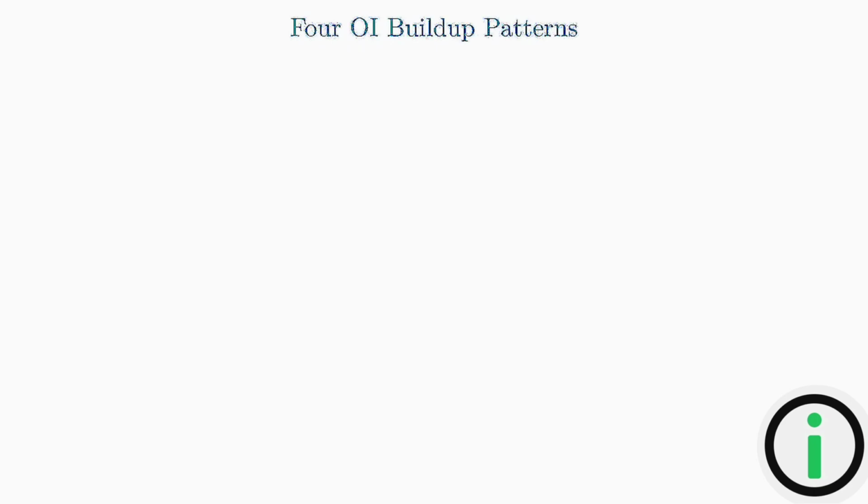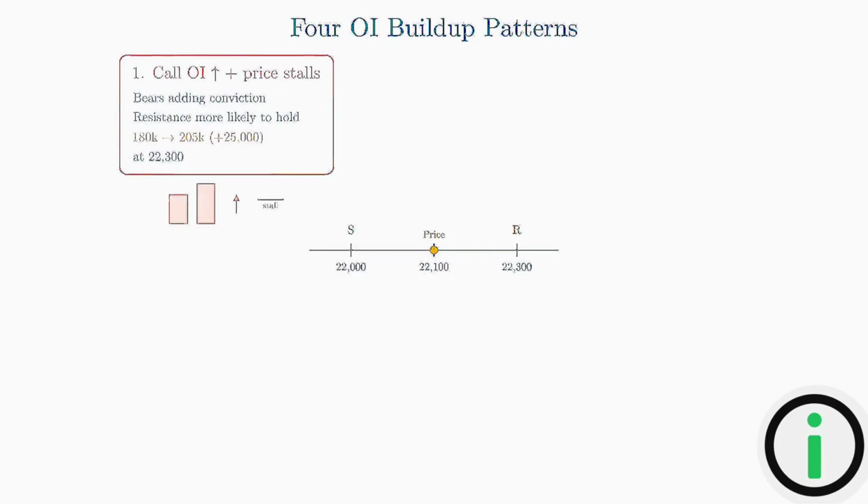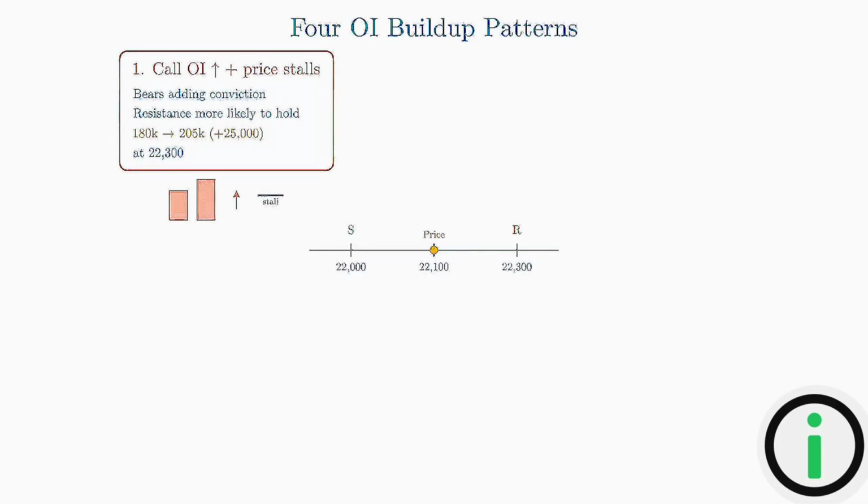Let us organize the 4 common patterns. First, call OI rising at resistance while price stalls suggests bears adding conviction, so resistance is more likely to hold. That is our 22,300 example. 180,000 becomes 205,000, an increase of 25,000.